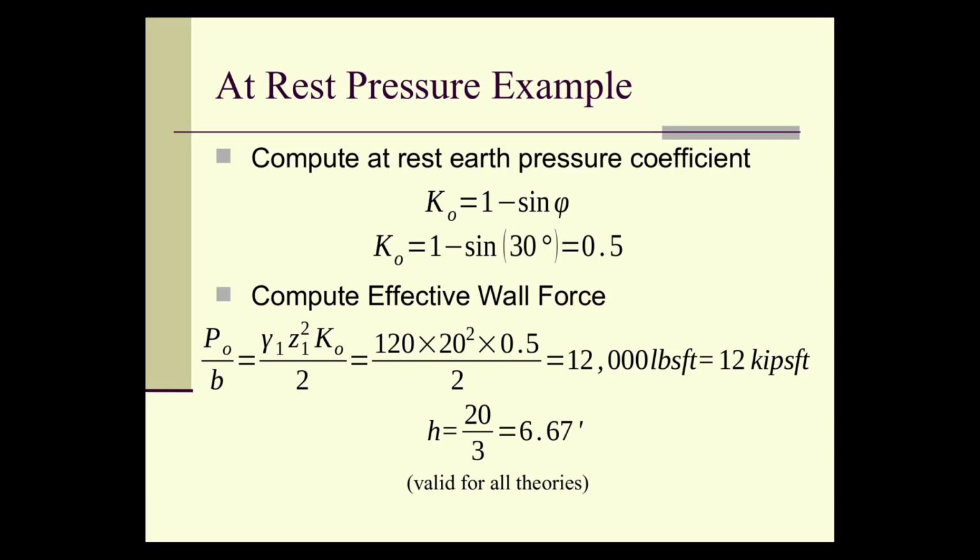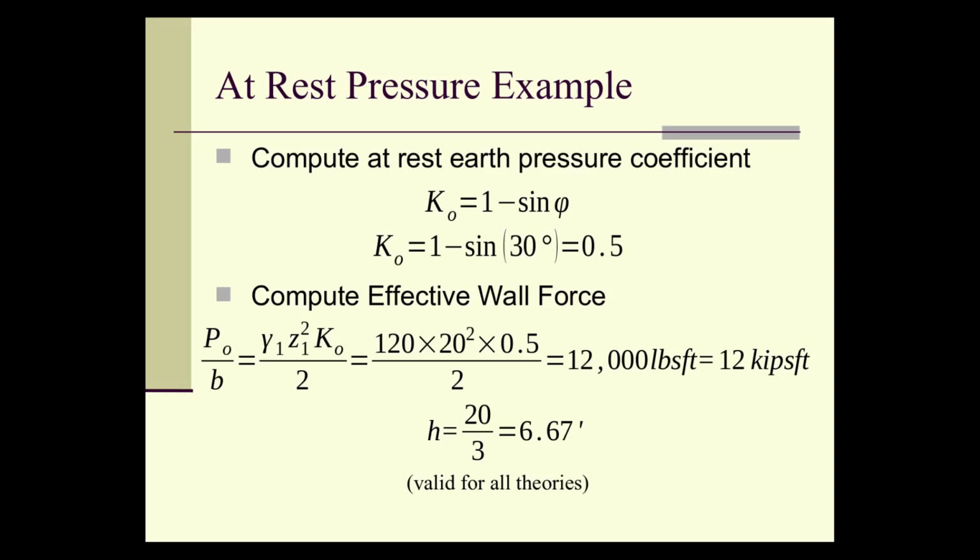And that height, by the way, if you've got a triangular distribution, doesn't change no matter which theory you're using. If you have a uniform distribution of pressure, which you do with surcharges and that kind of thing, then it's going to be the height over 2. So that's the first thing. The at-rest pressure example gives us this result.